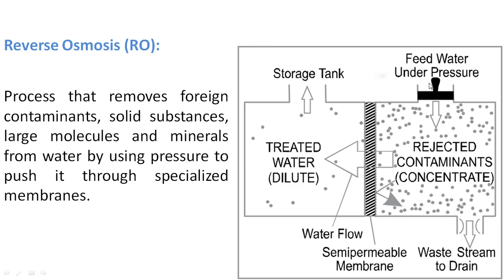In the water purifier, this high pressure is supplied by booster pumps. Here you can see the booster pump outlet, which is connected to the high concentration side of the RO membrane, and the excess TDS present on the high concentration side is discharged to the drain by using this restrictor which we have discussed.